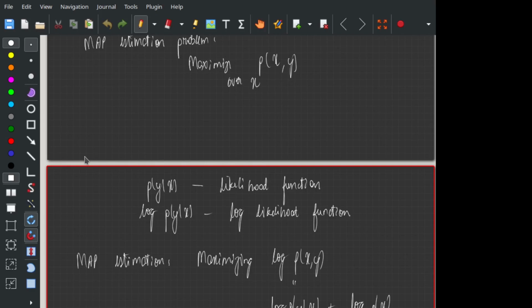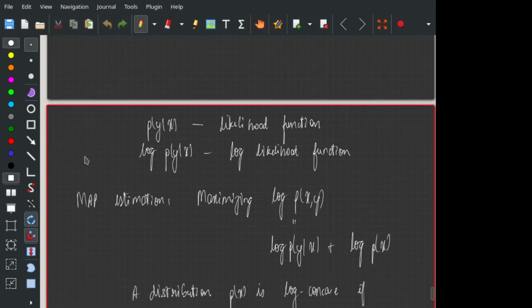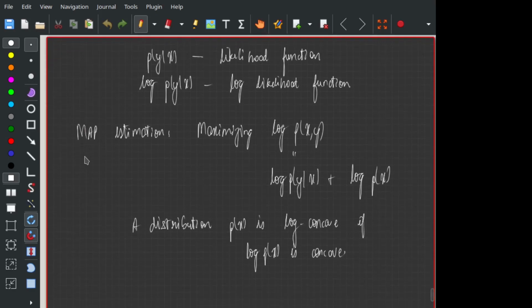So p of y given x in statistics is commonly called the likelihood function. So how likely is y to occur given that x was the actual true value? And log p of y given x is called the log likelihood function. So the problem of MAP estimation can also be formulated as one of maximizing log p of x comma y. I also defined what it means for a distribution to be log concave.